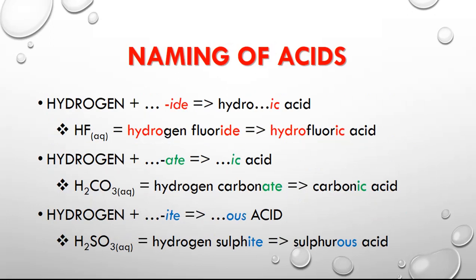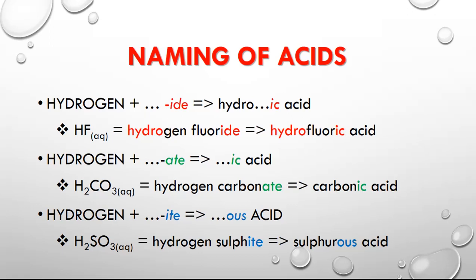How do we name acids? We just follow this rule: hydrogen plus IDE. If you have a chemical consisting of hydrogen and another element, we name it as hydro plus the name of that element, but change the ending to IC instead of IDE, and then place the word acid. An example would be HF.